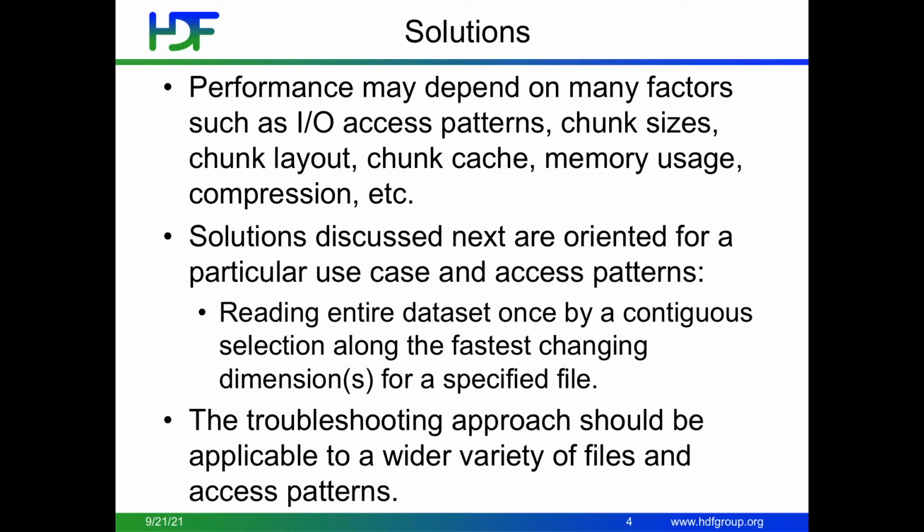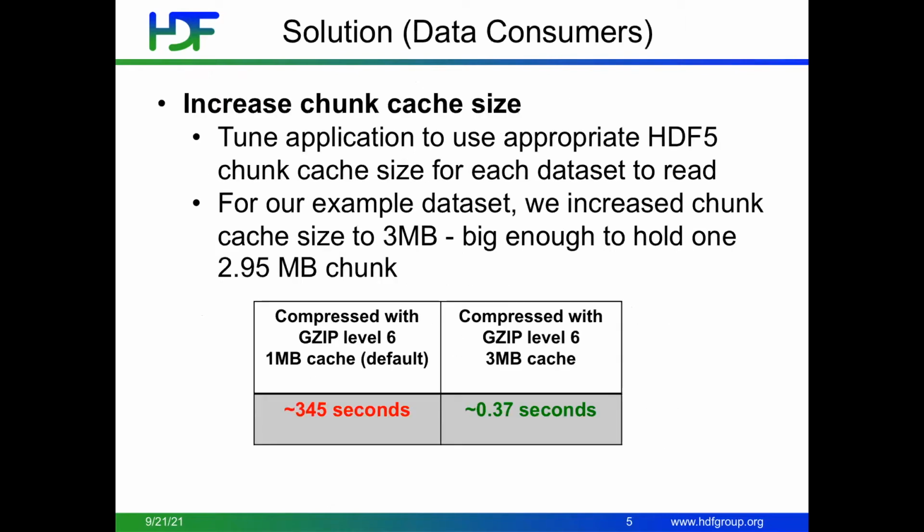The solutions that we'll talk about here are oriented just to this use case, when we're reading the entire dataset by a contiguous selection along the fastest changing dimension. But I really hope that the troubleshooting approach that I will show you will apply to many more cases, and you will understand how the internals of HDF5 work, so you can tune your application properly.